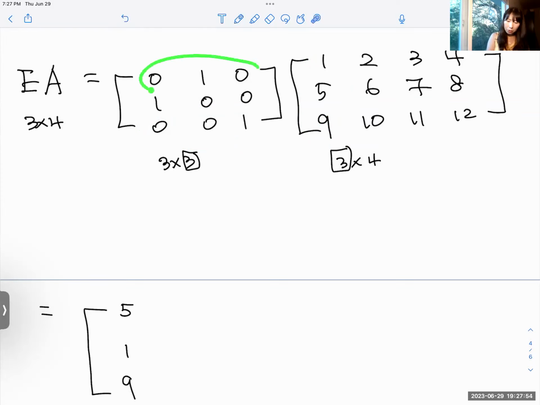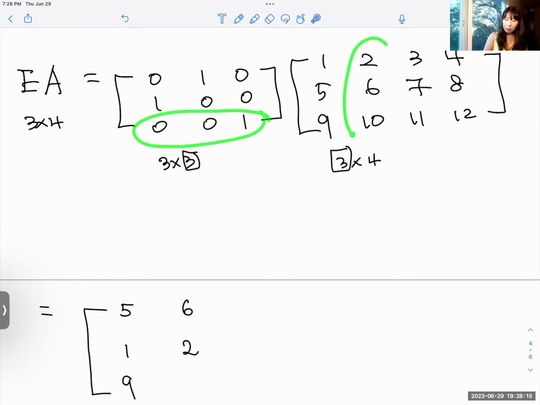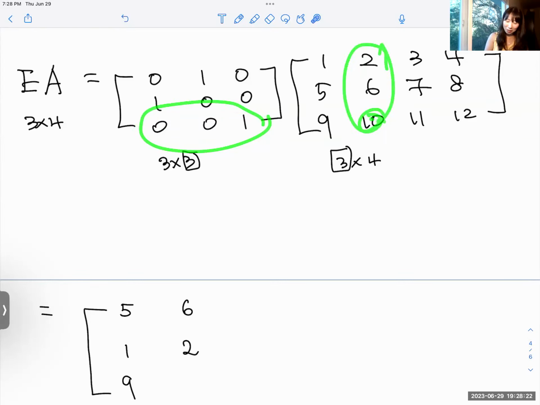Okay, first row with the second column, only 6. Second row with the second column, only 2. Third row with the second column, only 10, right?